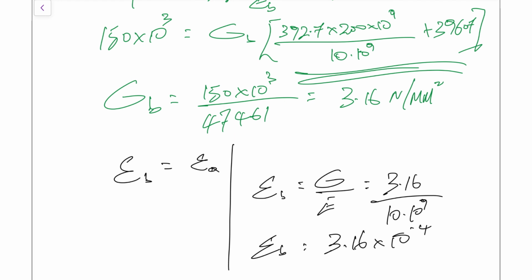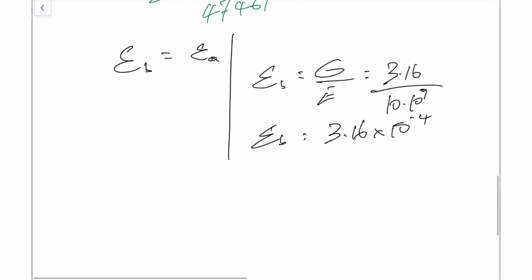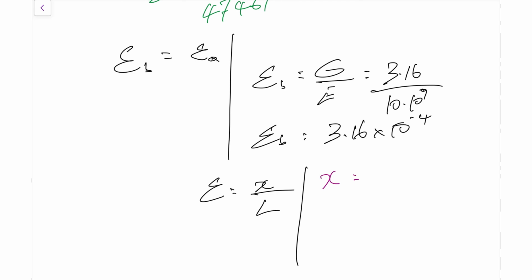So if we were to then find the extension in the bar, the overall extension, we know the formula for strain is our change in length divided by initial length. So our extension would be strain multiplied by the original length. And we know both of those values, so all we have to do is just multiply them.